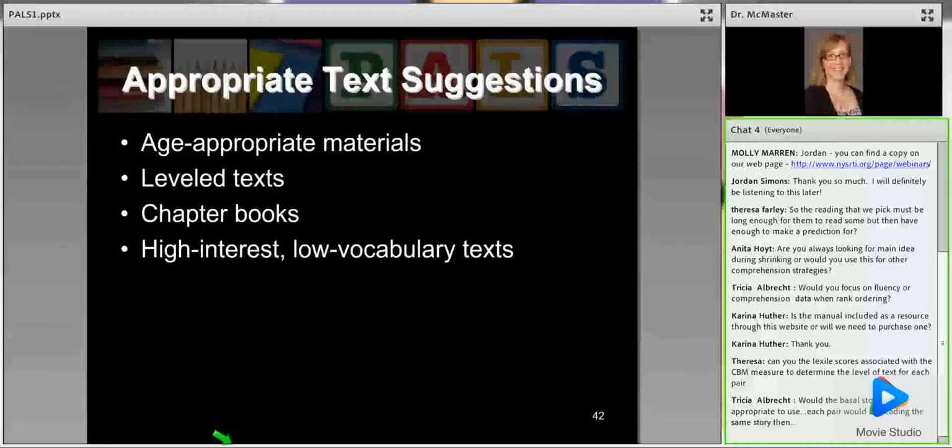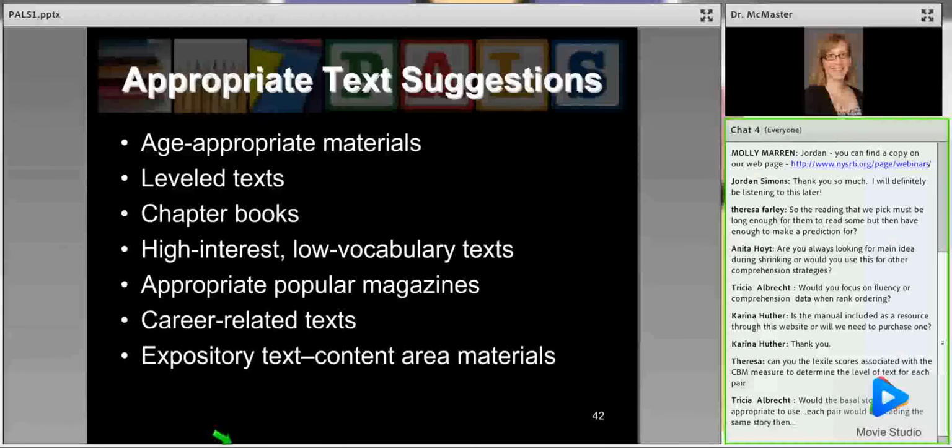Also with older students, high interest, low vocabulary text, so there are some nice selections of those on the market if you happen to be working with older readers. Popular magazines, I've worked in schools where they use like the National Geographic Kids, they like to do that. Career-related text, expository text, content area materials, news articles, so really pretty much any kind of text could be used during PALS.